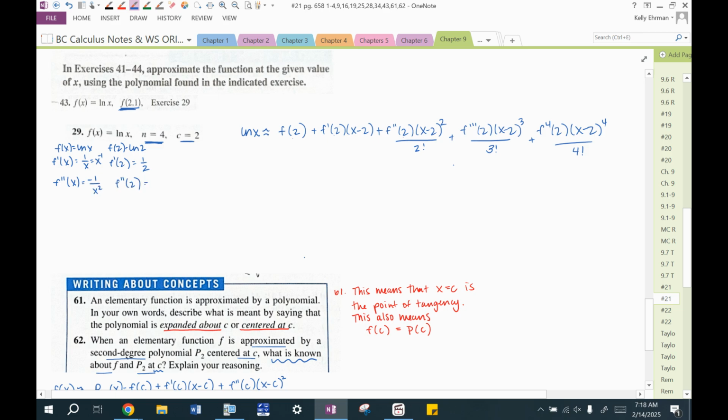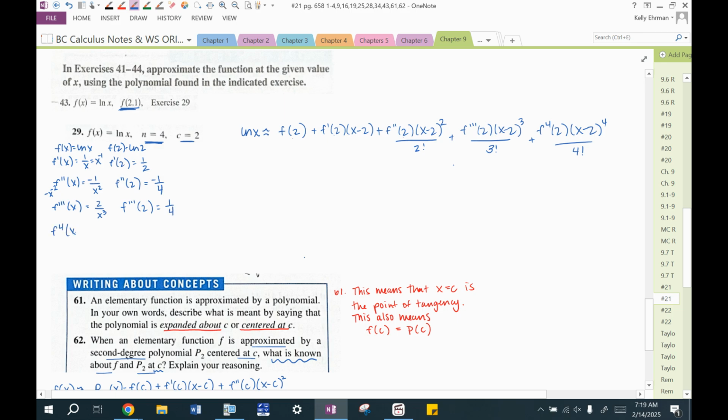So f double prime at 2 would be negative 1 over 4. F triple prime of x would be positive 2 over x cubed, because again, this is negative x to the negative 2. F triple prime of 2 is 2 over 8, which is 1/4.